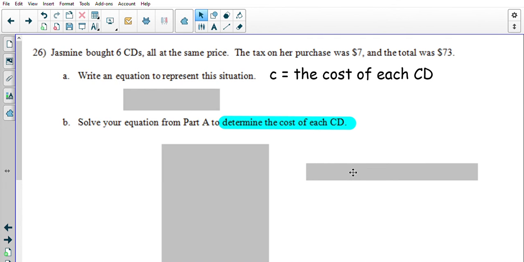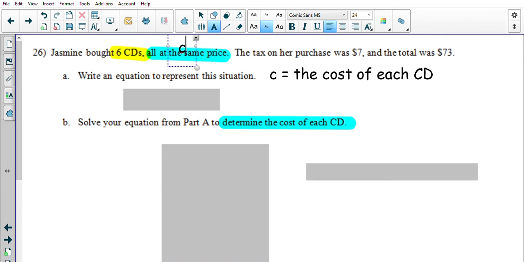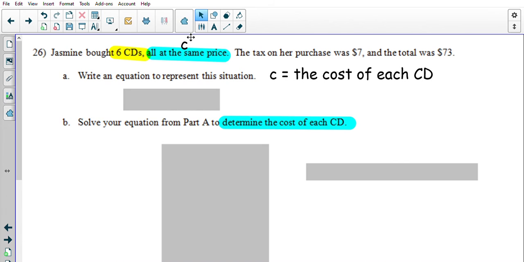Now let's write an equation to represent this. We know that Jasmine bought 6 CDs. And we know they're each the same price. And C represents the cost of each CD. So this is C. We know the tax on our purchase, tax is something that's being added on, was $7.